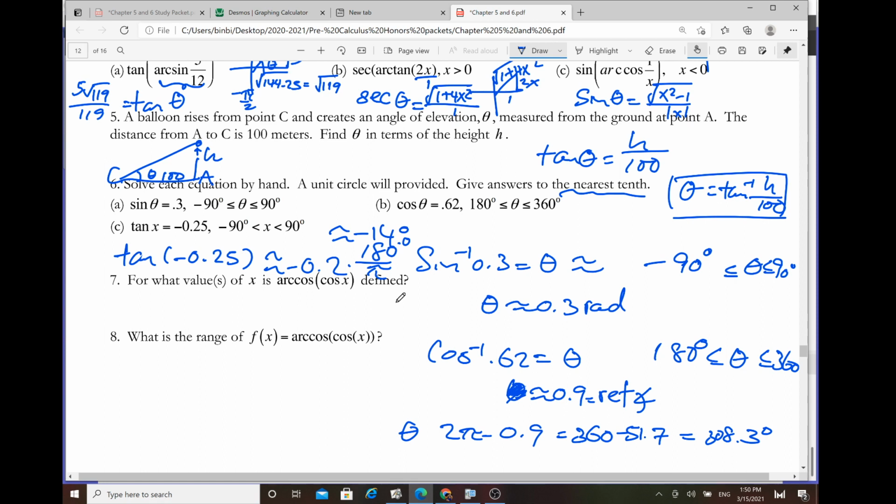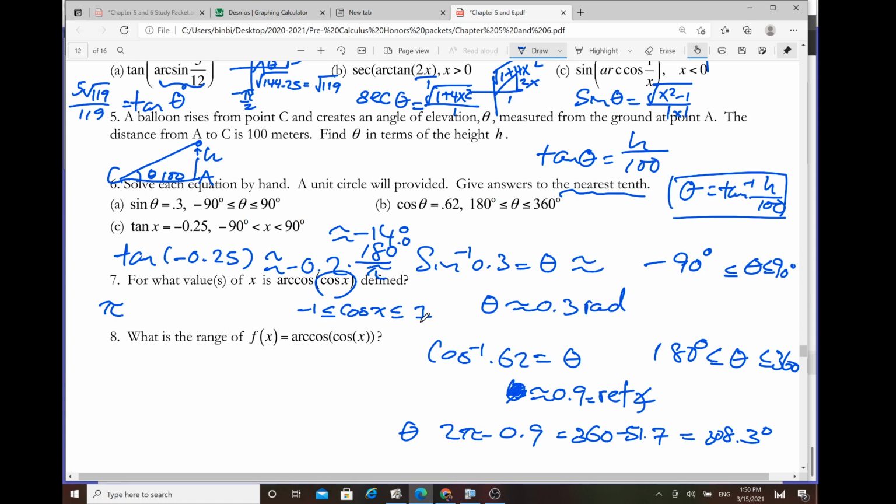So this one is one of the interesting ones. The ratio here for cosine of x is bounded between negative 1 and 1. Again, it's all about the matter of the range. So inverse of cosine of negative 1 gives you pi, and inverse of cosine of 1 gives you 0.